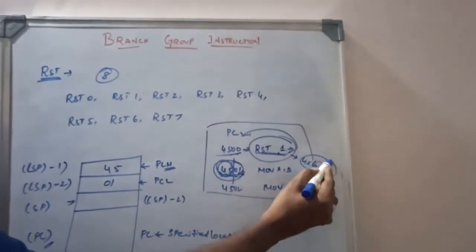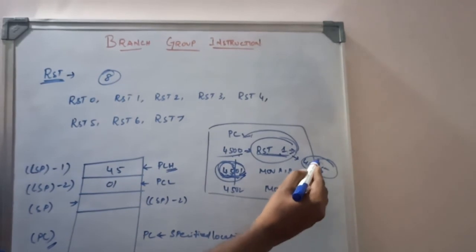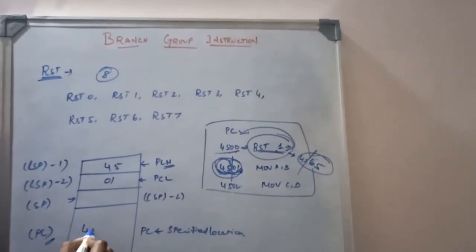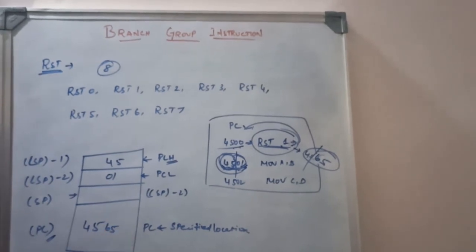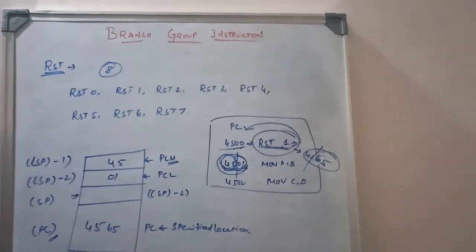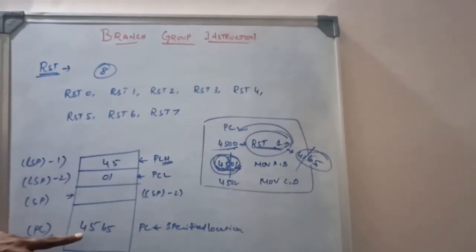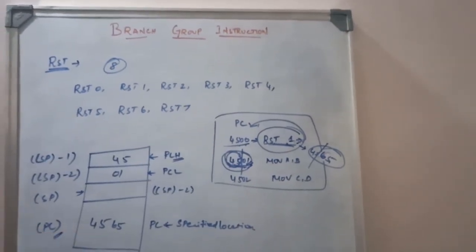This is an example value I consider, with a lower order address and a higher order address. This value is passed to the program counter. So after execution of this instruction, the new value stored in the program counter is 4565.